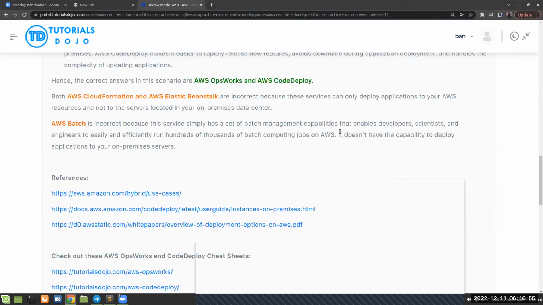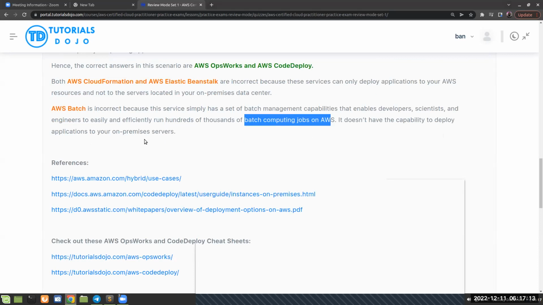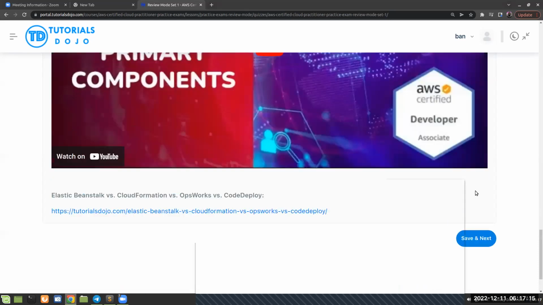It's a batch management capability that enables developers, scientists, and engineers to easily and efficiently run hundreds of thousands of batch computing jobs. So when you want to run batch computing jobs on AWS, you can use AWS Batch, not for deploying applications. All right.